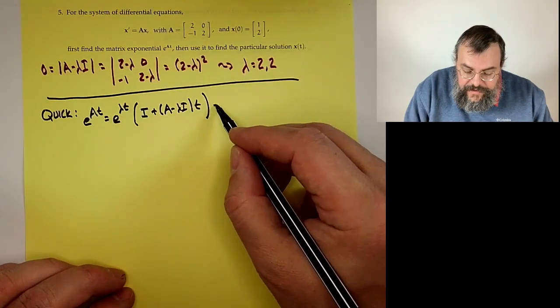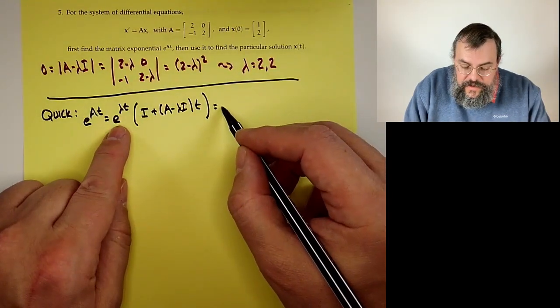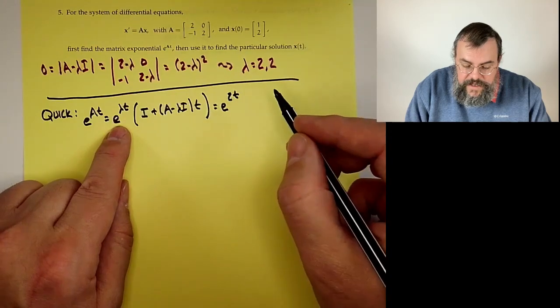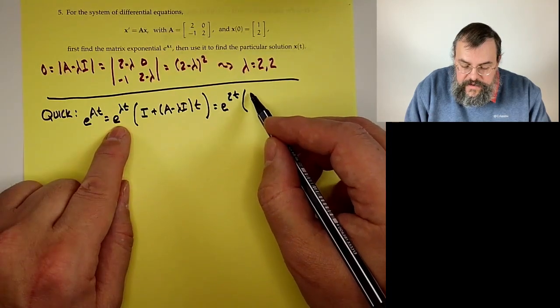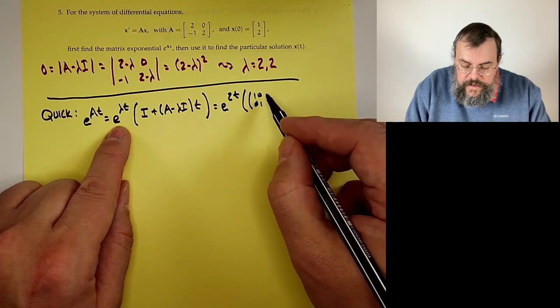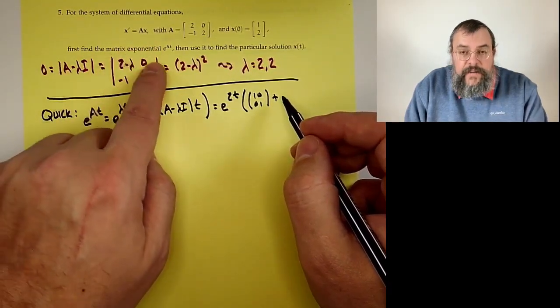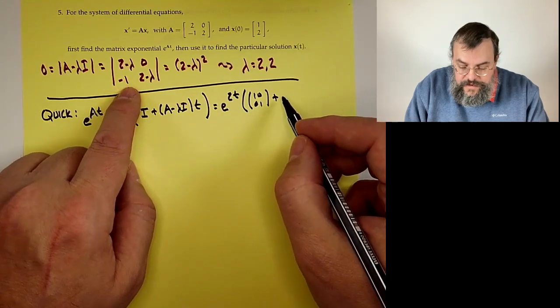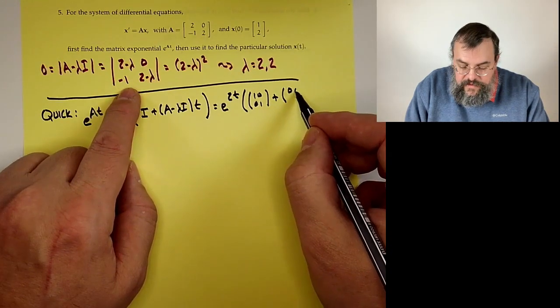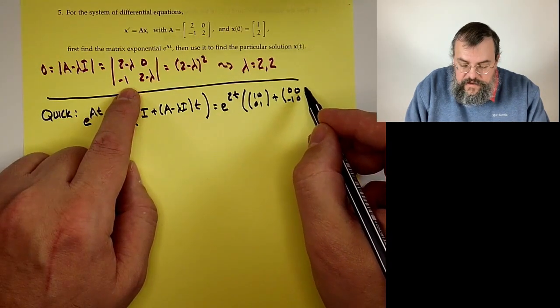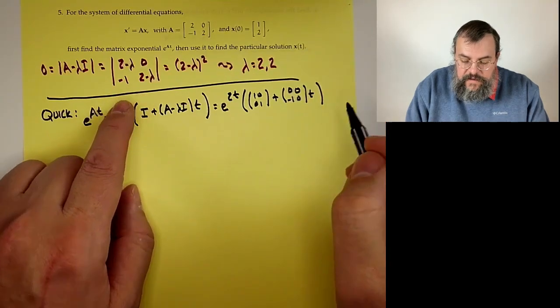In our case, it would be e to the 2t, because lambda equals 2. The identity matrix is 1, 0, 0, 1. And A minus lambda I, with 2 put in, is 0, 0, minus 1, 0, times t.